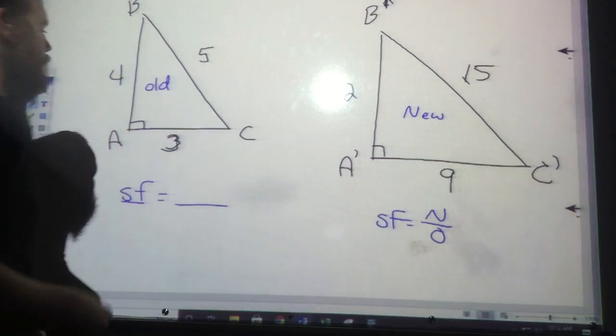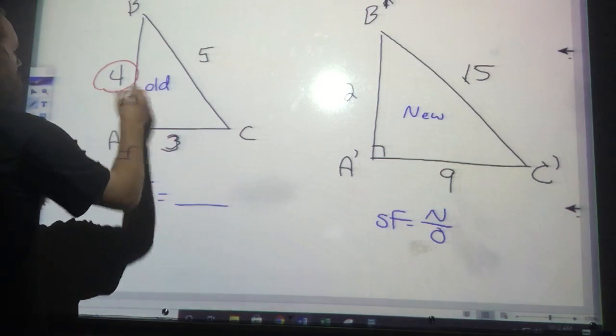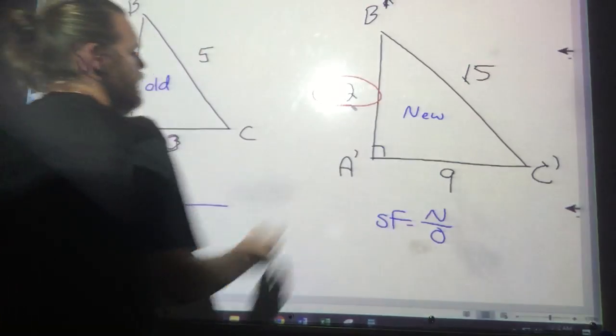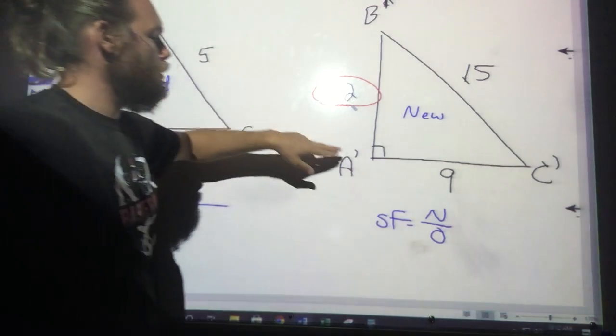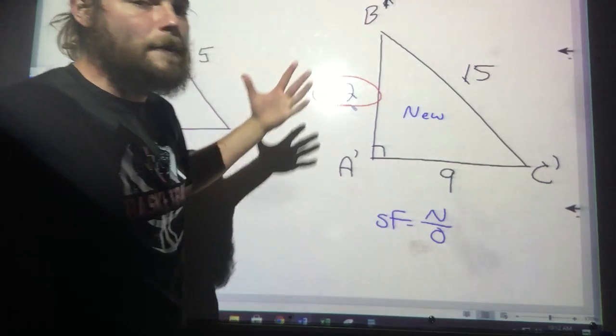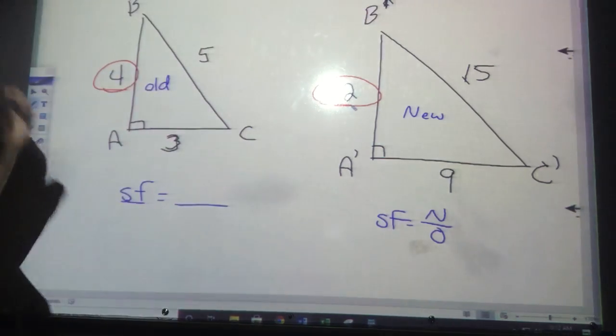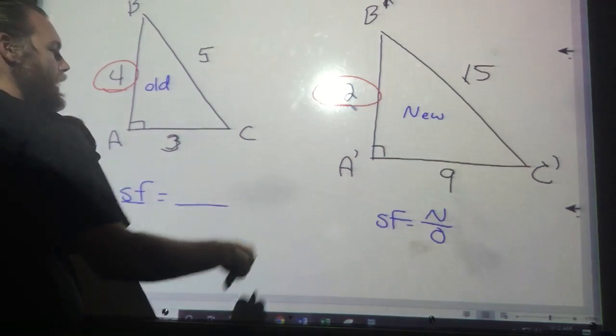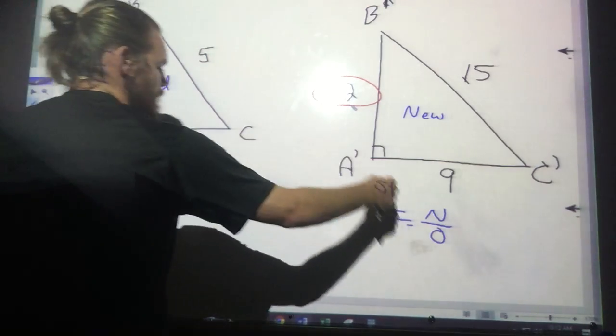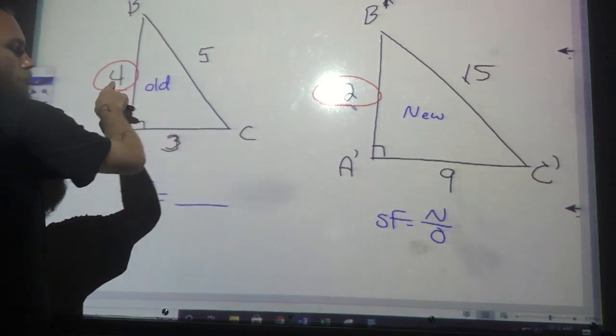What I'm going to do is choose these two sides here. They are corresponding: AB corresponds to A prime B prime. They're the same size, just on different shapes. So to calculate your scale factor, we're going to take that new measurement and divide it by the old measurement.